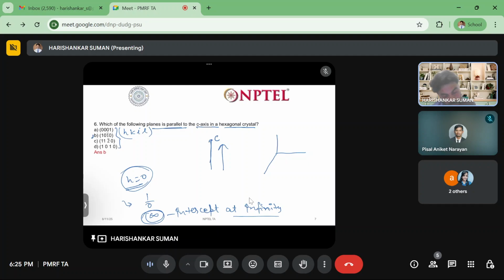Answer B is correct. C axis is represented by L for the hexagonal system. A is not correct. Why? L should be 0. It should not cut the C axis. Cut at infinity. This is the condition. L should be 0.